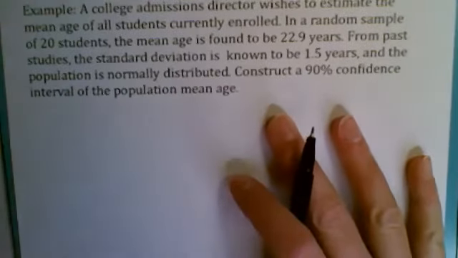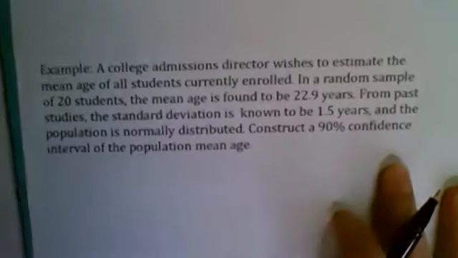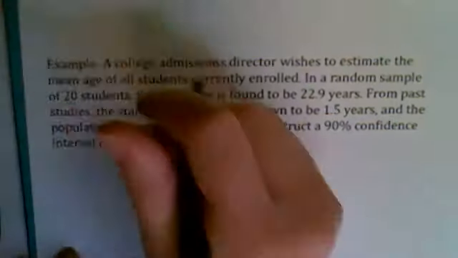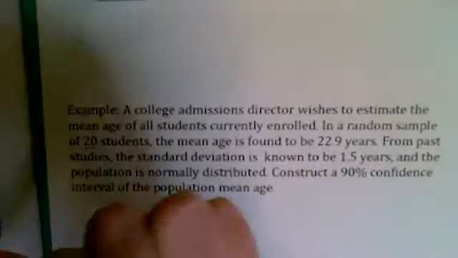Okay, so we have a college admissions director who wants to estimate the mean age of all the students currently enrolled, using a random sample of 20 students. So that's my N. N is 20.